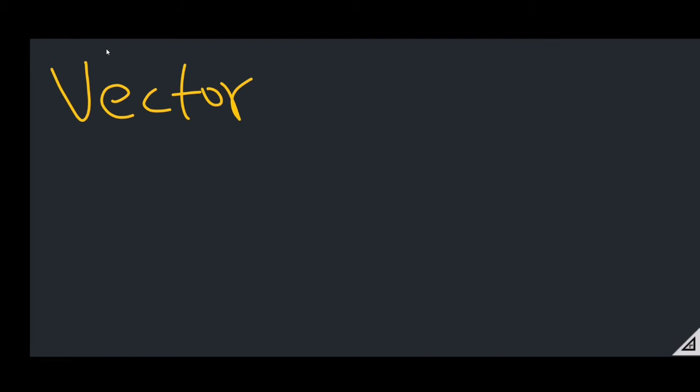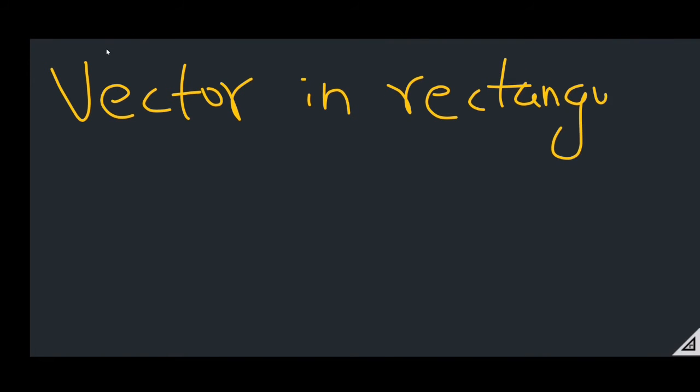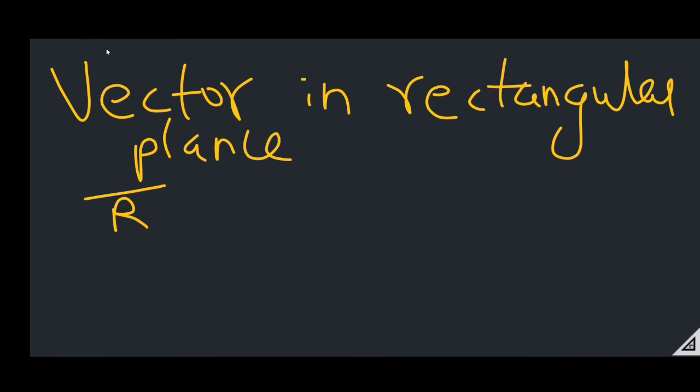Now let's focus on a vector in the rectangular plane. I have already said that in the rectangular plane a vector can have two components. Suppose we have an R vector, then it can have two components, horizontal and vertical.